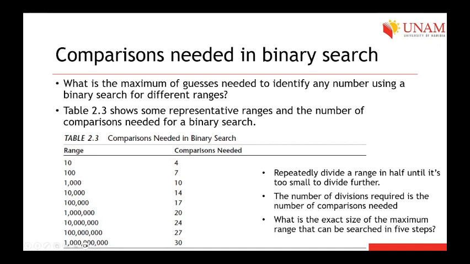If you have 1,000 elements, with linear search you will have to do 1,000 comparisons if your element is the last element, but here it is a maximum of 10 comparisons. If you have 1,000,000 elements in your data collection, maximum 20 comparisons. If you have 1,000,000,000 elements, maximum 30 comparisons. So you can see really that binary search drastically reduces the number of comparisons that are required.